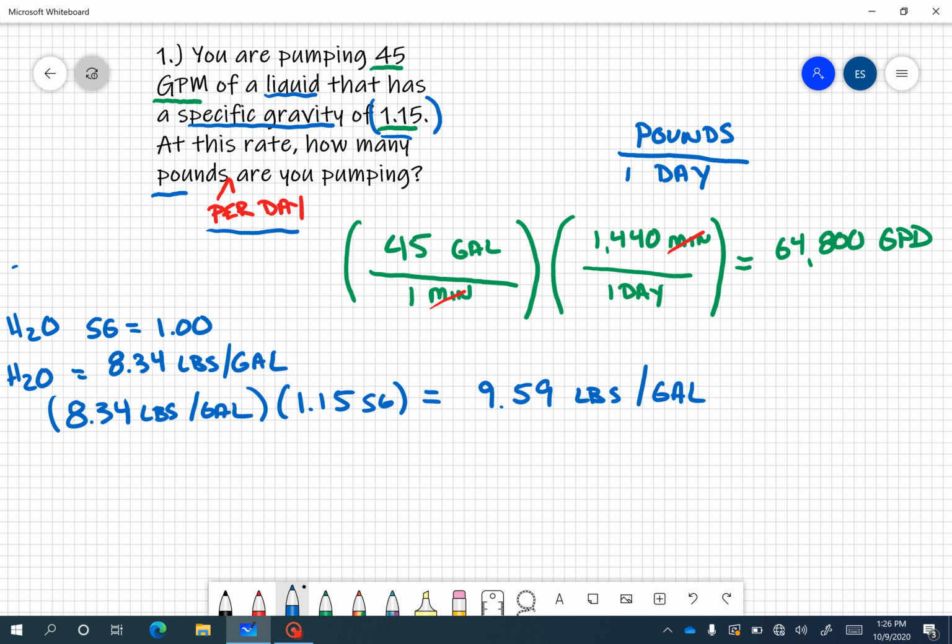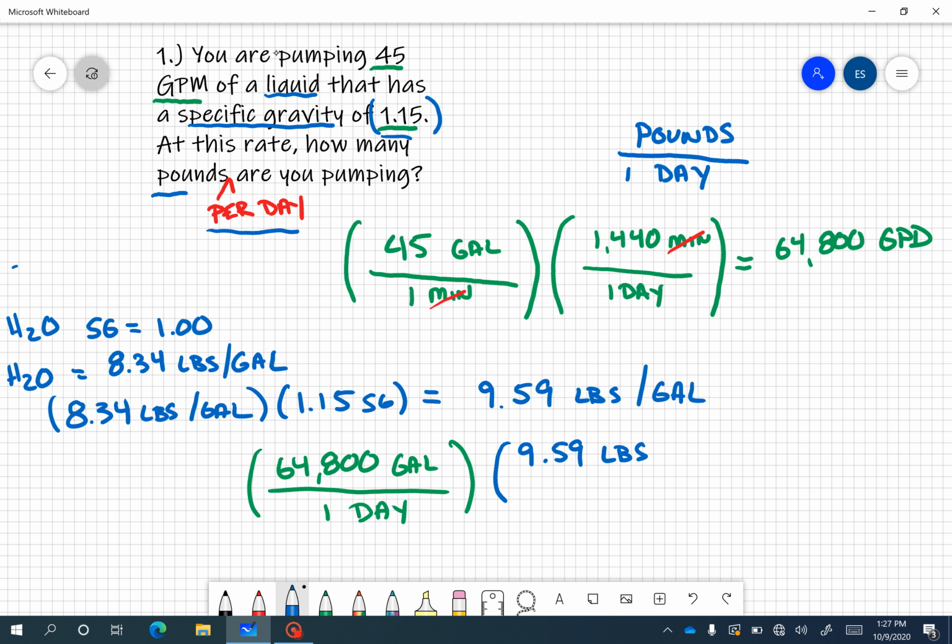So now we have enough information to solve our problem. We know that we have 64,800 gallons per day. We also know that we have 9.59 pounds for every gallon.